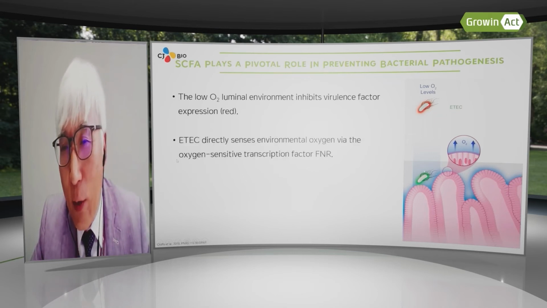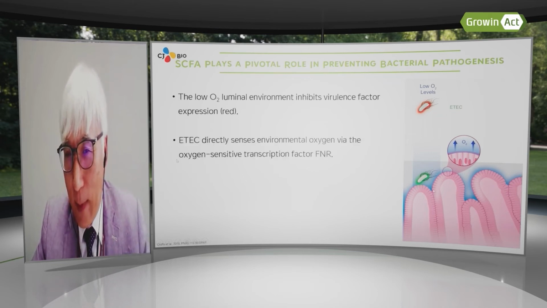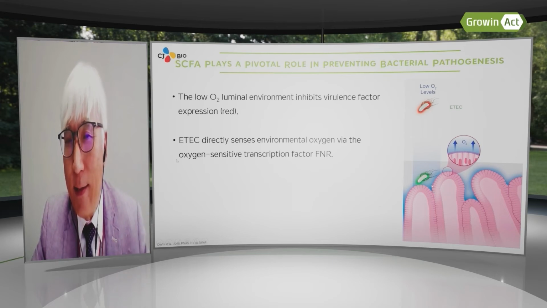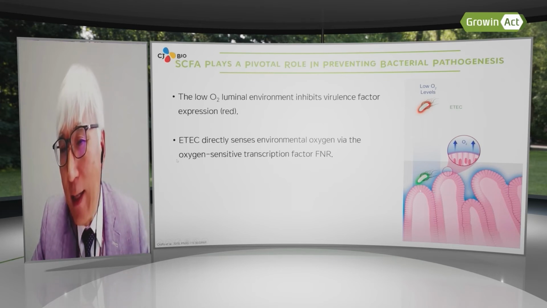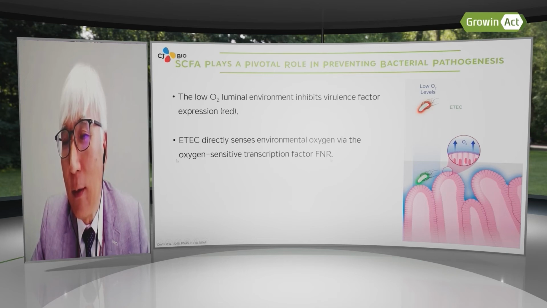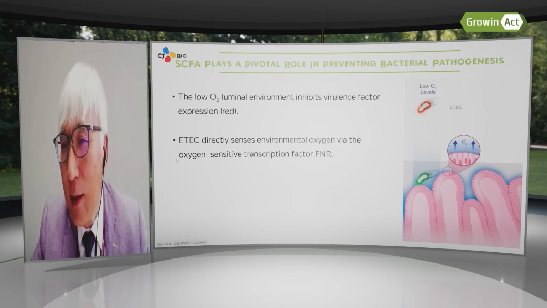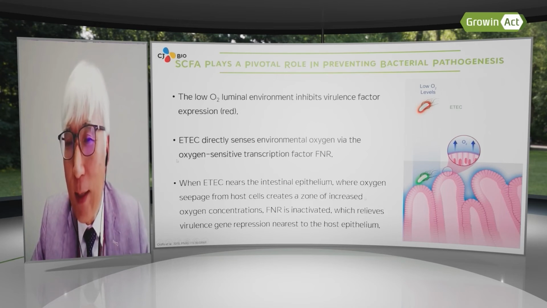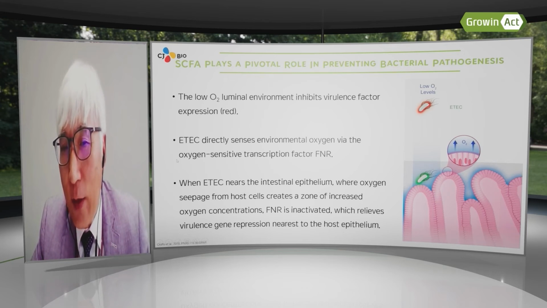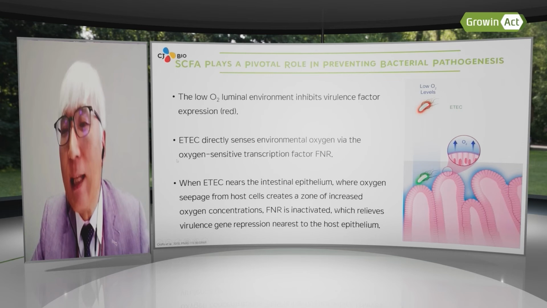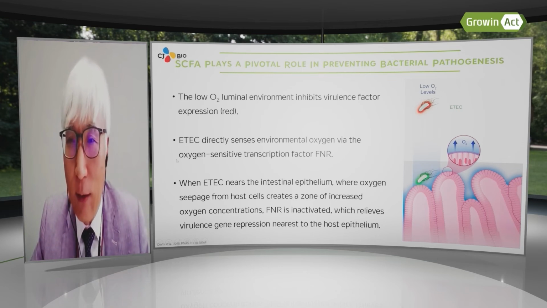But as they move close to the gut wall, what happens then? They can actually sense environmental oxygen that is expelled from the cell into the environment. And they have a sensor called FNR. If there's an increasing oxygen release in the gut, they sense it and deactivate this sensor, FNR, and they start expressing virulence factors of this pathogenic bacteria.